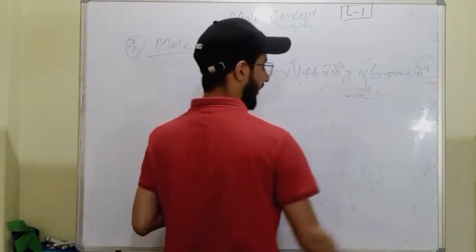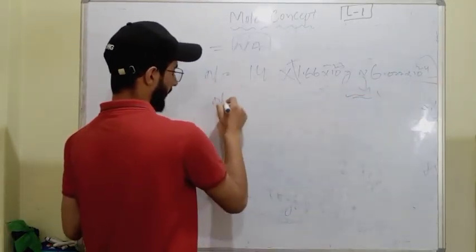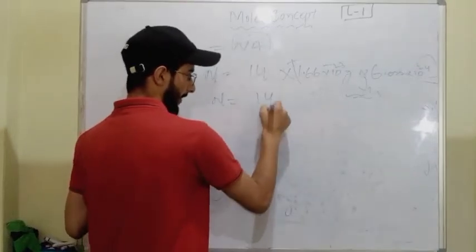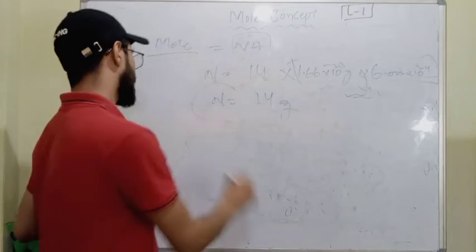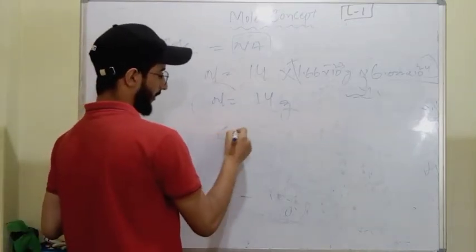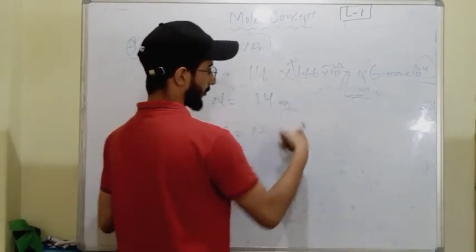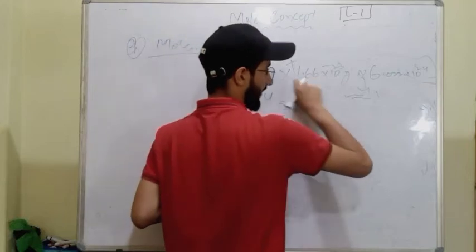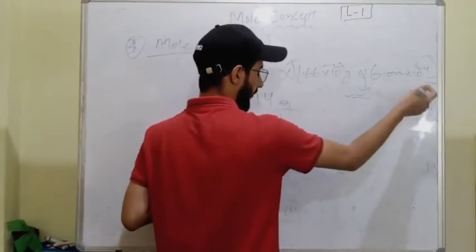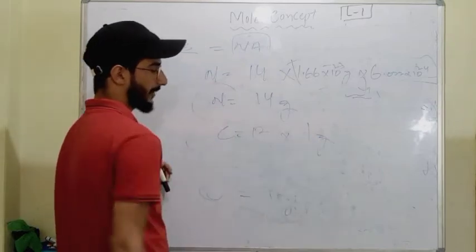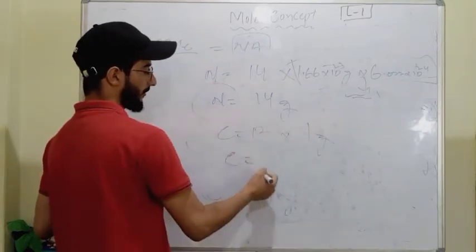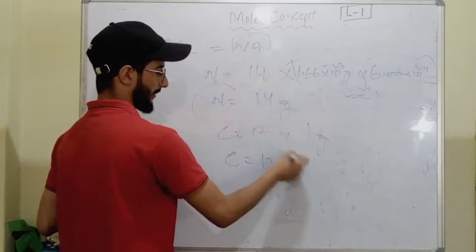We get 1, and the gram atomic mass of nitrogen is 14 grams. Similarly for carbon, it is 12 into the magic 1 gram, so carbon is 12 grams.